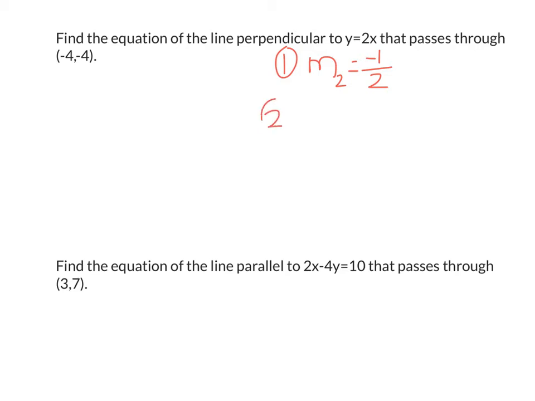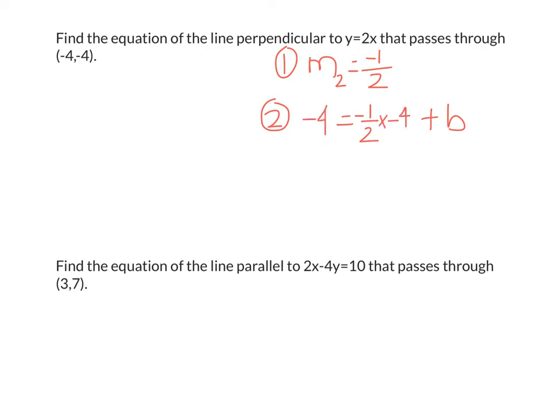Now what we need to do is find b. Remember, the way we do that is we take our equation y equals mx plus b, because any line can be written in that form, and we substitute m, the gradient, for the number we just found, and then we substitute x and y as values from the point. Here we only have 1 point, so I'm going to substitute x and y both for -4.